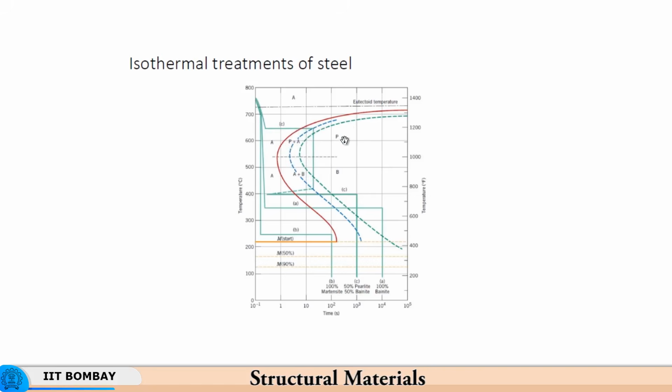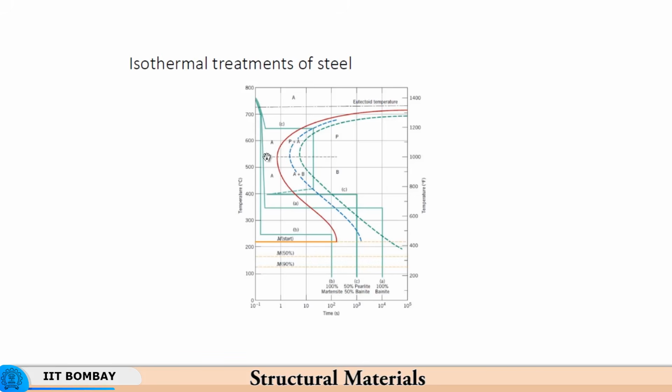Between this and the dotted curve over here, you have the perlite plus austenite. This dotted curve indicates the completion of the reaction, so you have completion of the perlite formation.